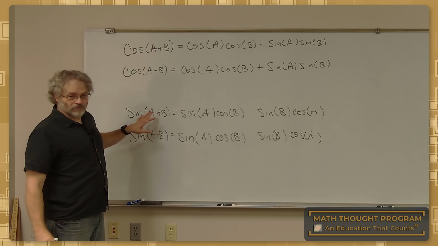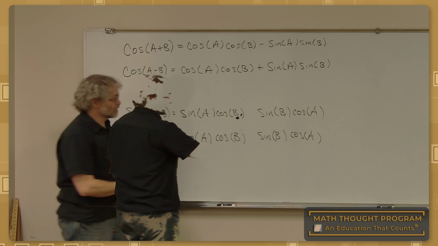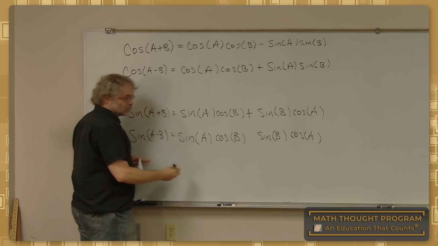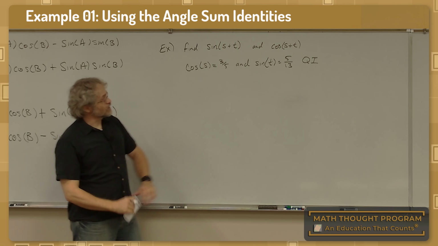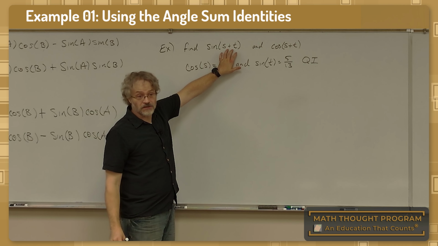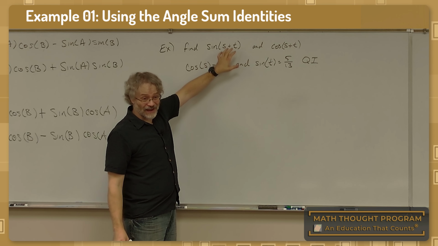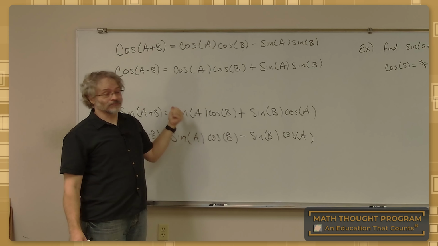And for the sine, in order to figure out the sine of the angle of s plus t as well as cosine, what we need to do is trace this back to the angle sum identities. These identities that we have back here.